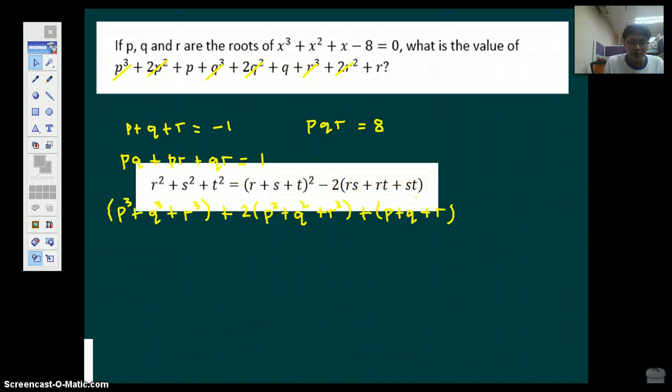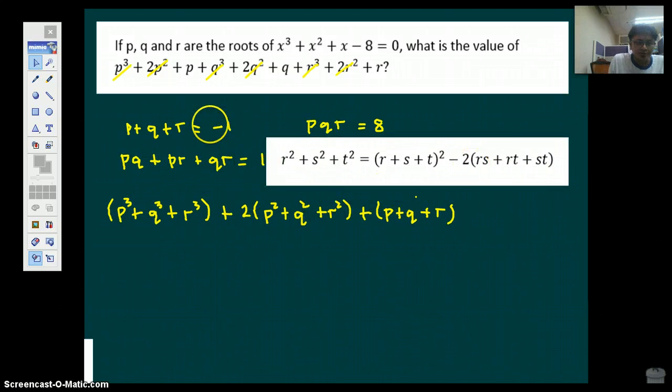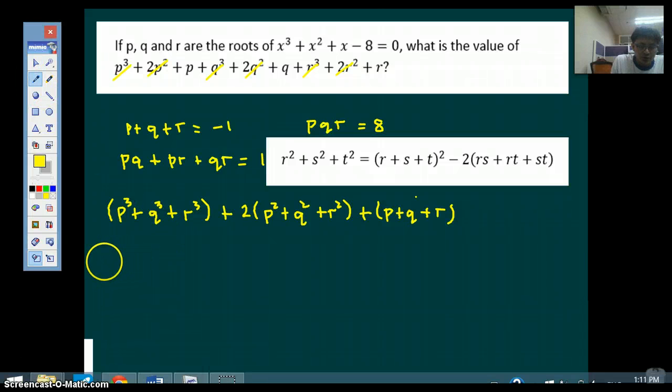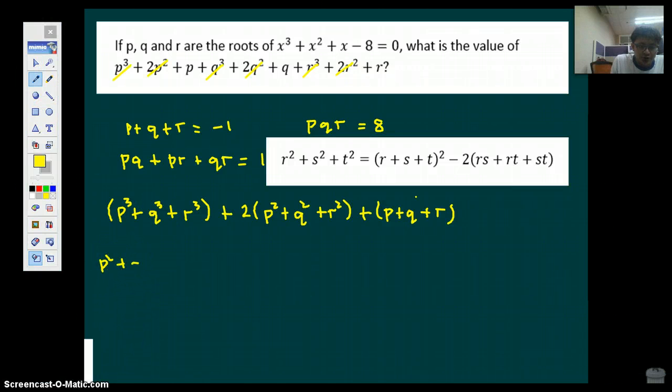So p squared plus q squared plus r squared is equal to, so just replace the letters with p, q, r respectively, p plus q plus r, and then pq, pr, and qr. So this is simply p plus q plus r, squared, minus 2 times pq plus pr plus qr.